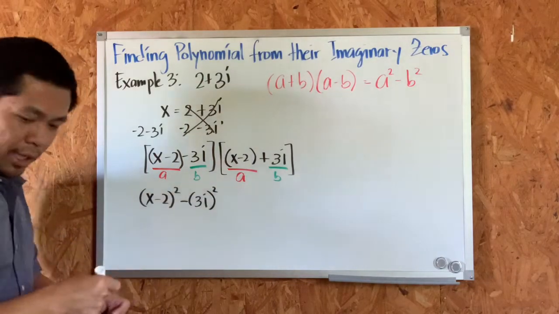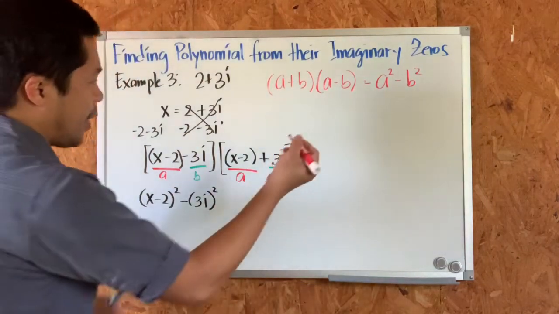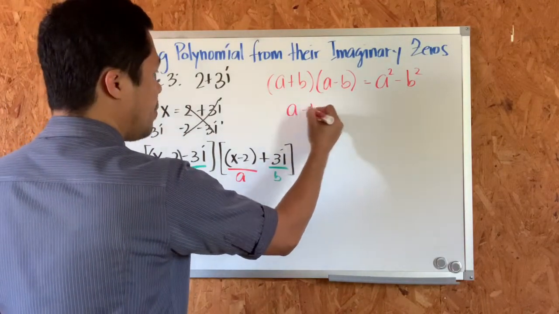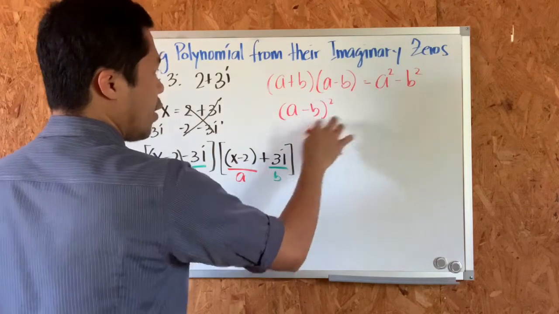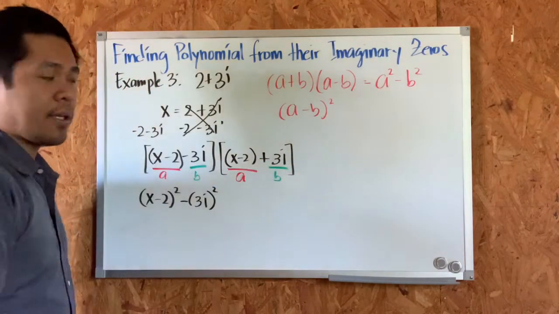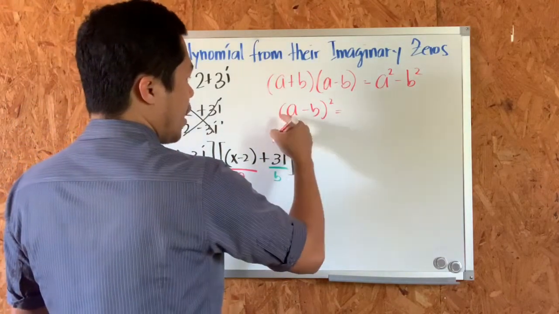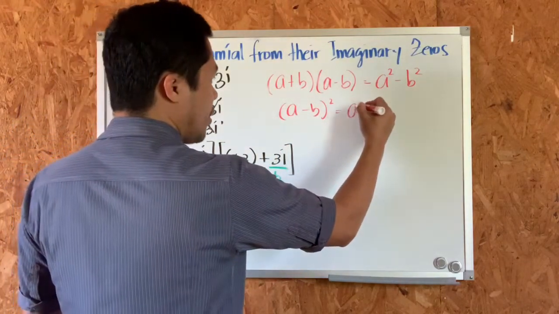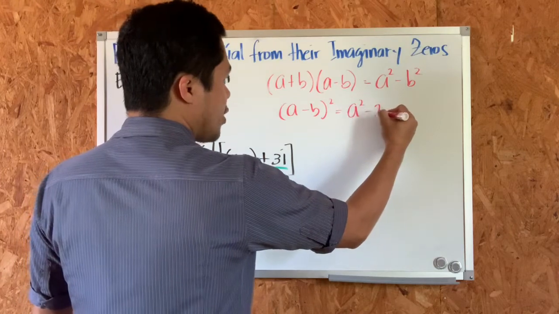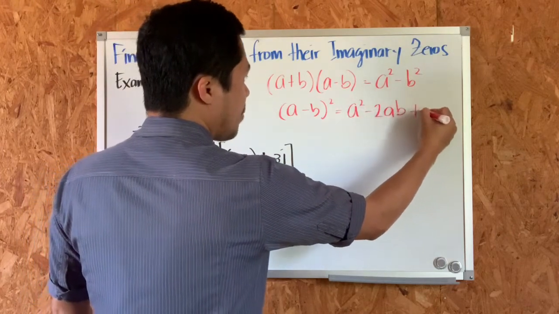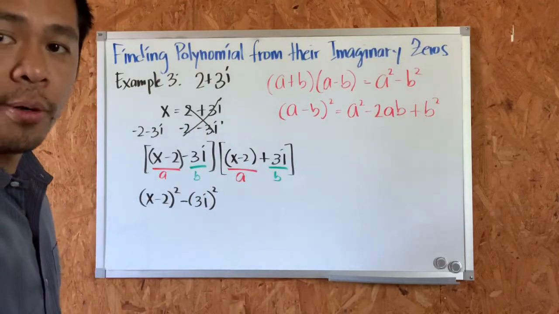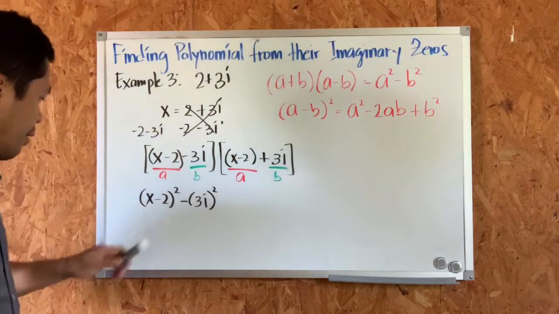Here it is equal to, again, an identity. What is that identity? That's a minus b squared. Take note that these two are different. If we have a minus b quantity squared, that is equal to a squared minus 2ab plus b squared. So I'm going to use this identity here.